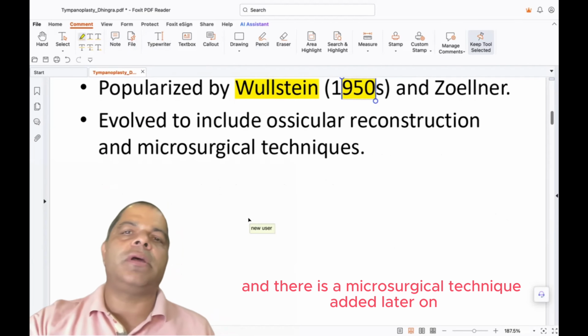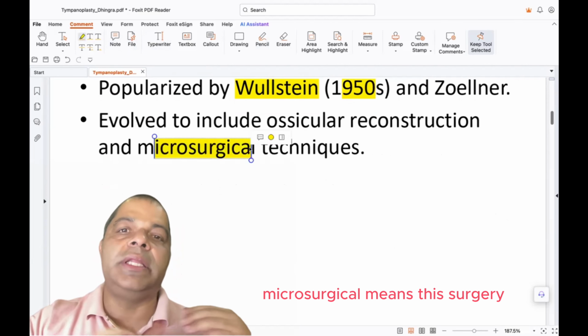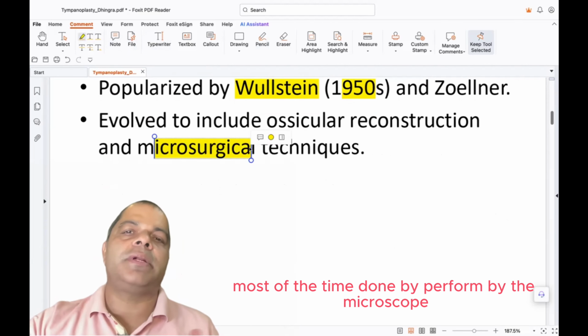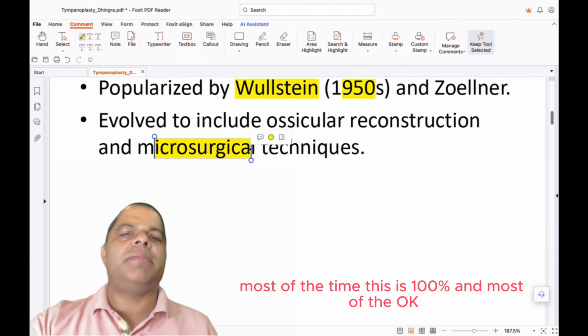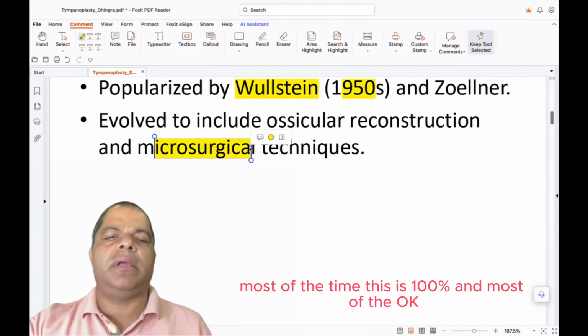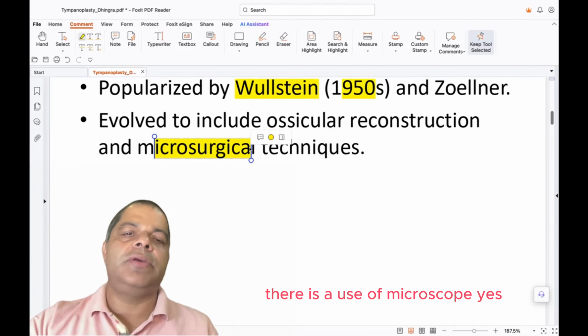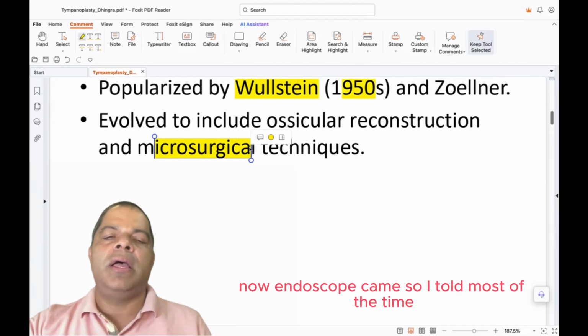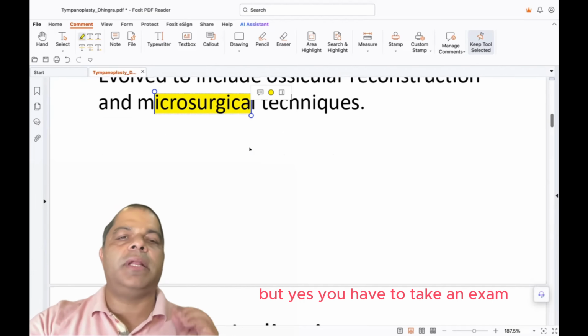A microsurgical technique was added later on. Microsurgical means this surgery is performed with the microscope. Most of the time, it is 100%, there is use of a microscope. Yes, now the endoscope has come, so I said most of the time.